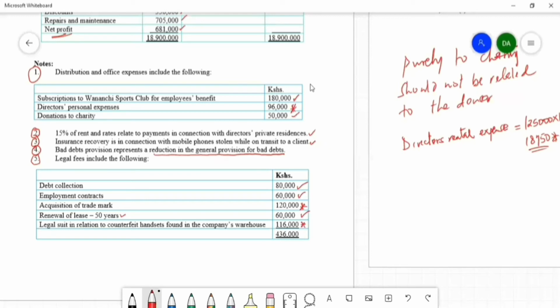Because of that, this particular expense will not be allowable. It is in the class of fines and penalties, related to an offense committed by the company. That is why such expense will not be allowable in that situation.